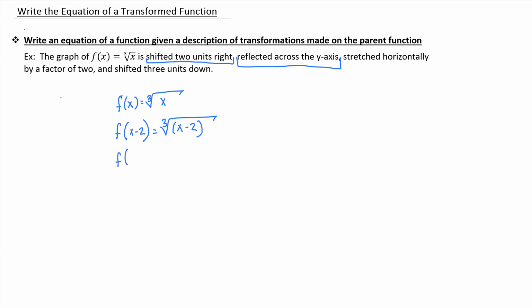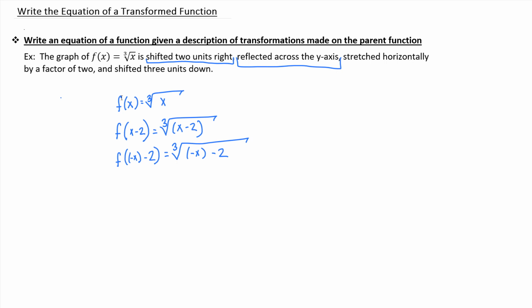So I'm going to put my parentheses, but in place of x, I'm going to put negative x instead, and keep my subtraction of 2, so that doesn't change. So this becomes the cube root of negative x minus 2.